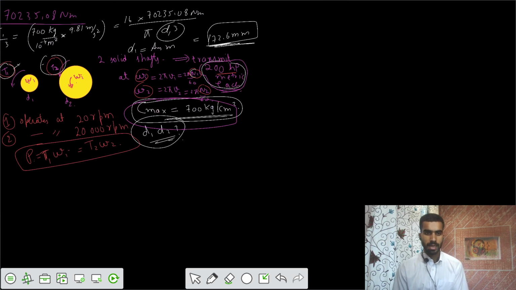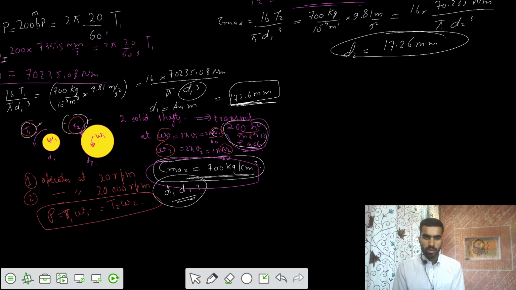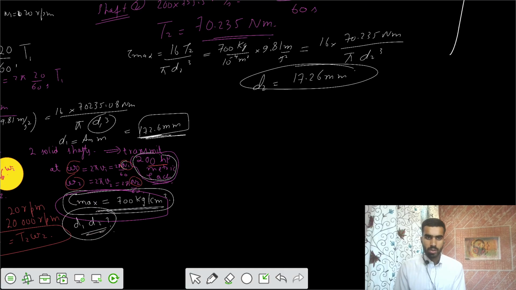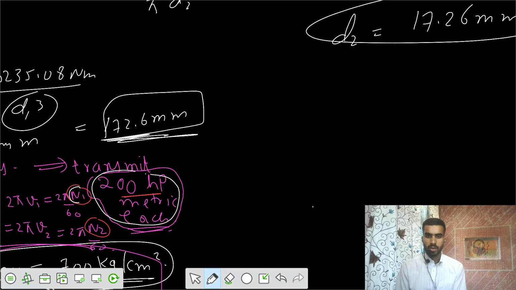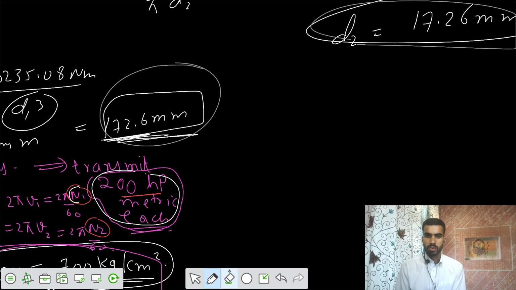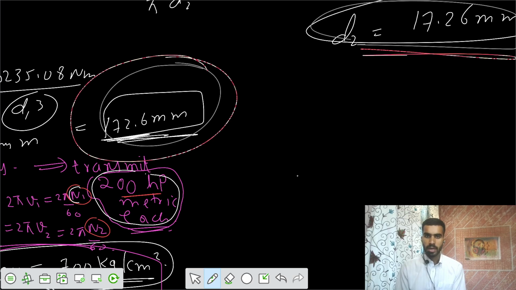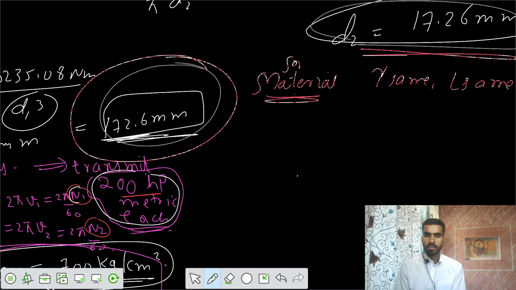Now I got the diameter 1 and diameter 2. If I write material saving, for the same gamma and the same L, material saving is a function of volume. So volume equals A into L. So how much area is saved?